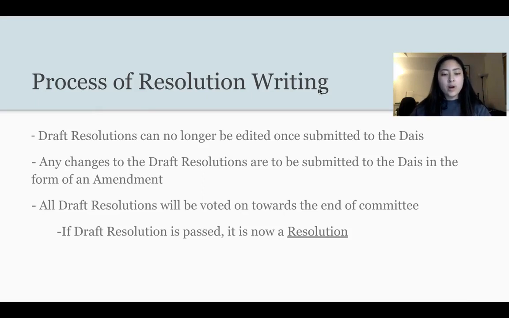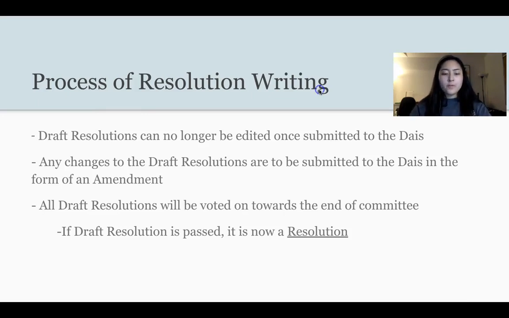After they go through all the amendments and vote on those, we will vote on the overall draft resolutions. And if your working group's draft resolution gets passed by a majority vote, then congrats, your draft resolution is now a resolution.